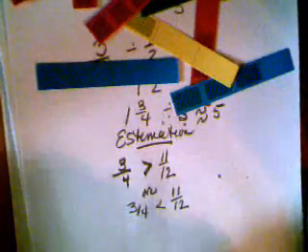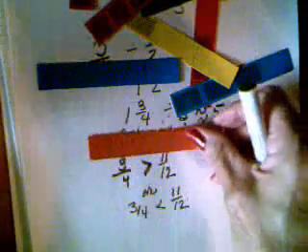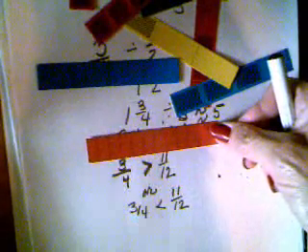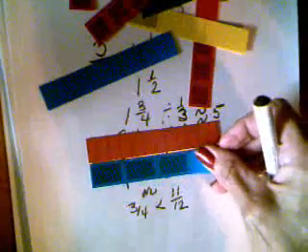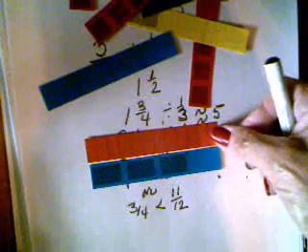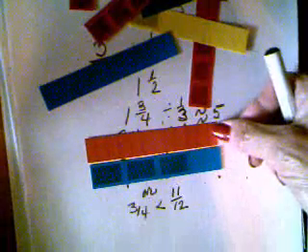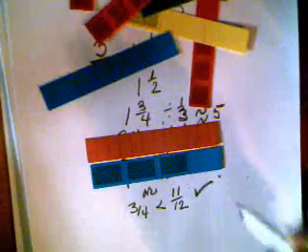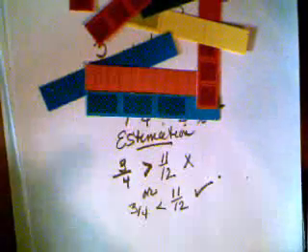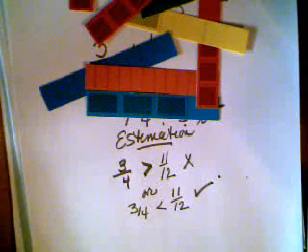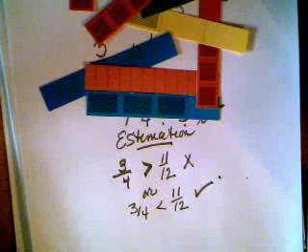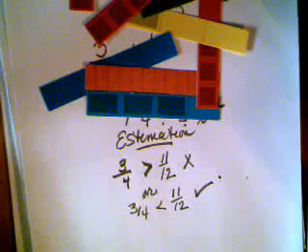And so by looking at our fraction bars, if we find this would be 11/12, and this is 3/4. So I can see that 3/4 is less than 11/12. And so we can use our fraction bars as a comparison tool and help us in ordering our fractions from least to greatest.